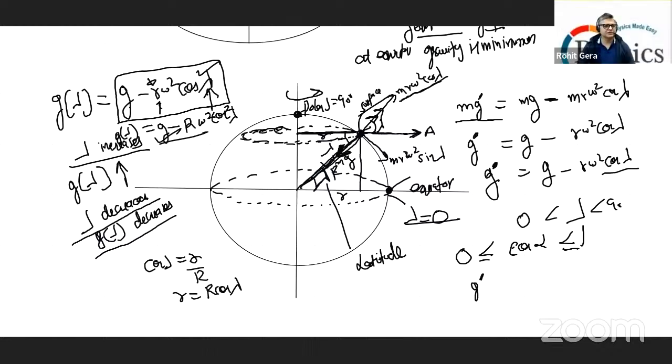Using this, I put the value of small r below: small r is capital R times cos lambda. Putting it here, in the next line it becomes g minus R omega square cos square lambda. So g lambda purely in terms of Earth's parameters: acceleration at the surface minus R omega square cos square lambda.